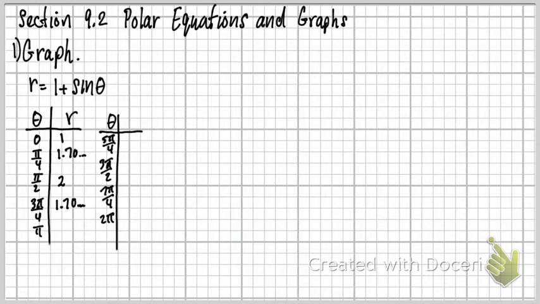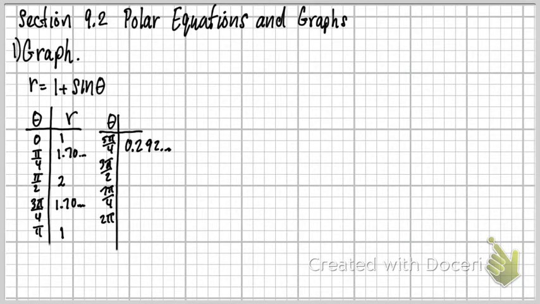And then for pi, I'm going to get 1, because at pi, the sine of pi is 0. And then for 5 pi fourths, I'm going to get 0.292, blah, blah, blah.